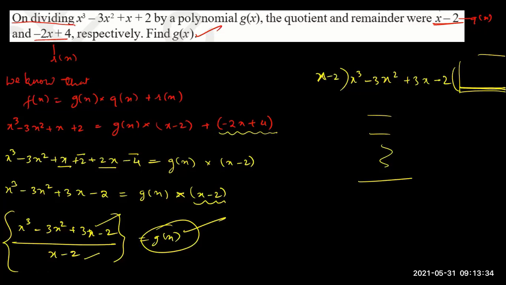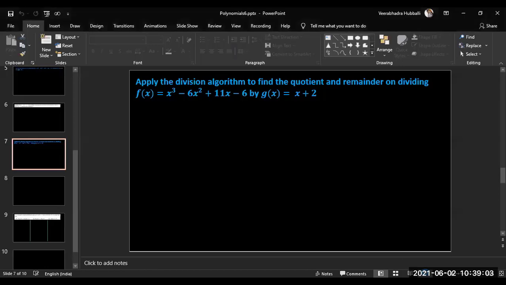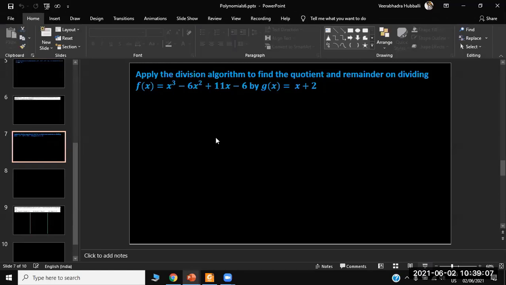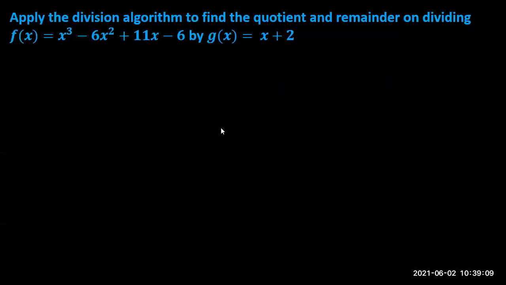Yes, sir. Okay, this is another type of example. In exercise 2.3, the first main question is: divide, they said. After doing division, you need to write quotient and remainder, correct? Now in this question: apply the division algorithm to find the quotient and remainder on dividing f of x by g of x.